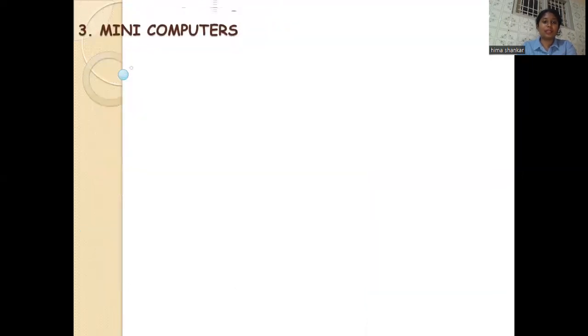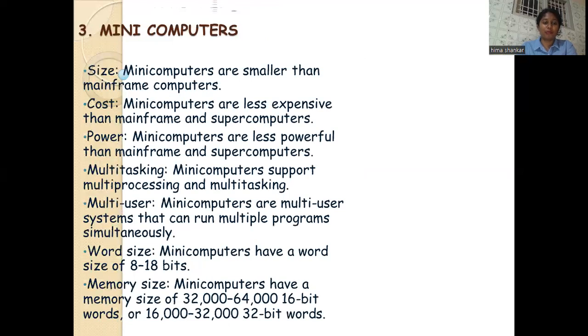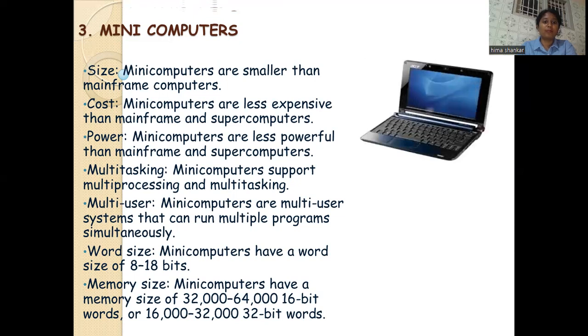And then come the minicomputers, the descendant of mainframe computers. Minicomputers in size, they were small, and in cost. Minicomputers are less expensive than mainframe computers and supercomputers. Power, minicomputers are less powerful than mainframe and supercomputers. Multitasking, minicomputers support multiprocessing and multitasking. Multi-user.